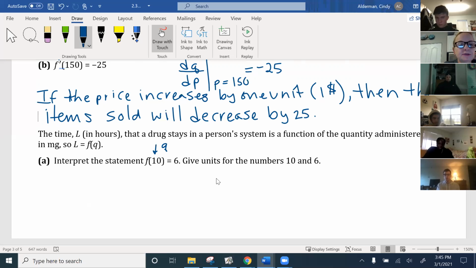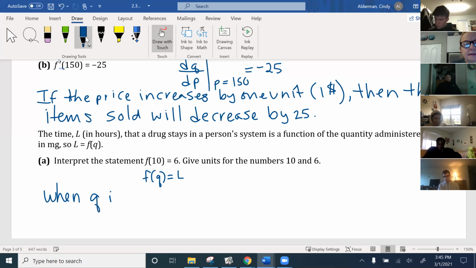So let's do it like this. f of Q equals L. So basically this is saying when Q is 10, L is 6, right? So let's make that more language friendly.